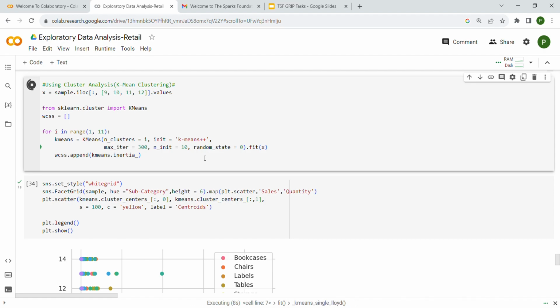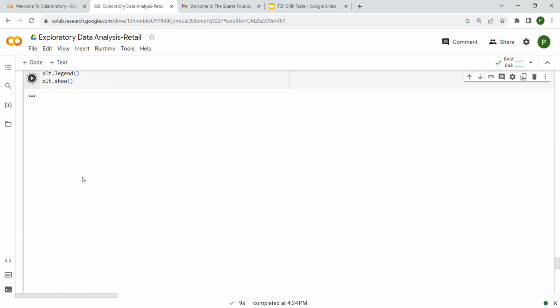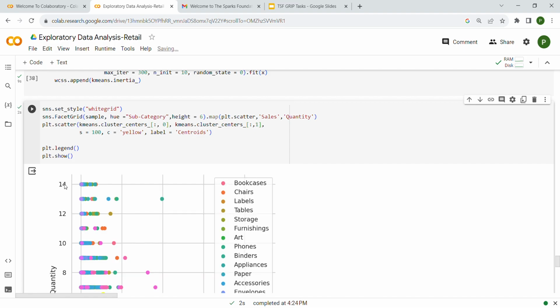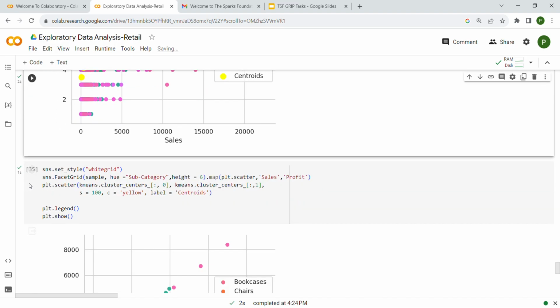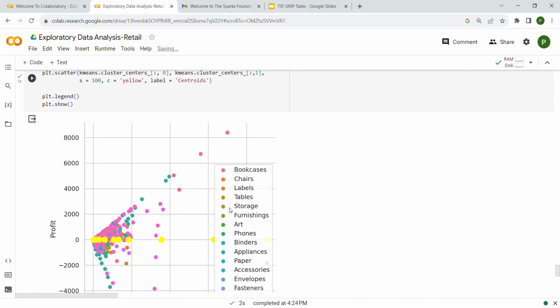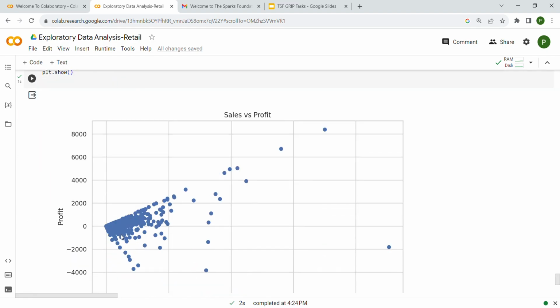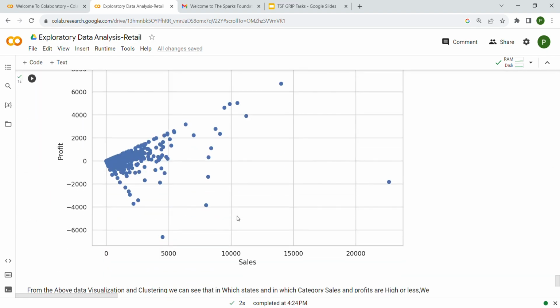Here I have taken the random state as 0, and you can see the yellow color as centroids and this pink color copiers, and then the sales versus profit graph.